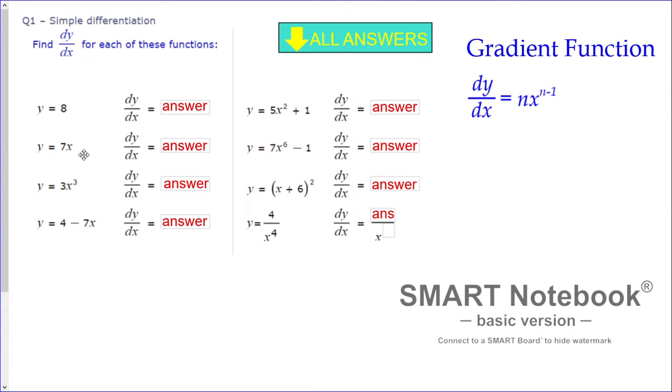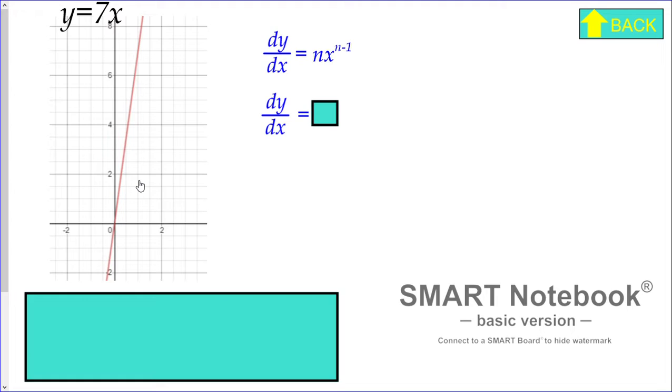For the next one, y equals 7x. Let's look at this one and also have a graphical answer. You may recall from graphing lines y equals mx plus c that lines have a constant gradient. It's always the coefficient in front of x. In this case, what's the coefficient of x?